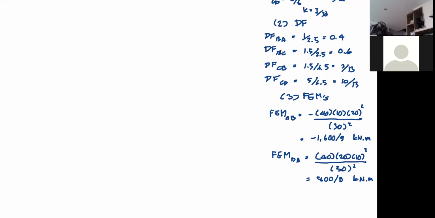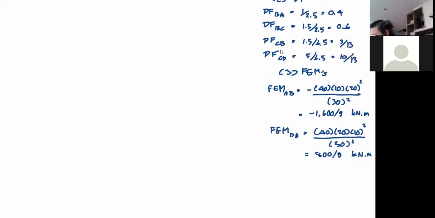And next, we have the uniform load fixed end moments. FEMBC is going to be minus wL squared over 12, that's 1 times 20 squared over 12, which is minus 800 over 3.